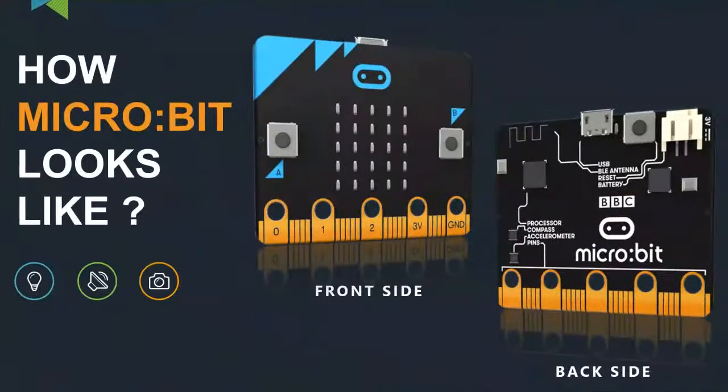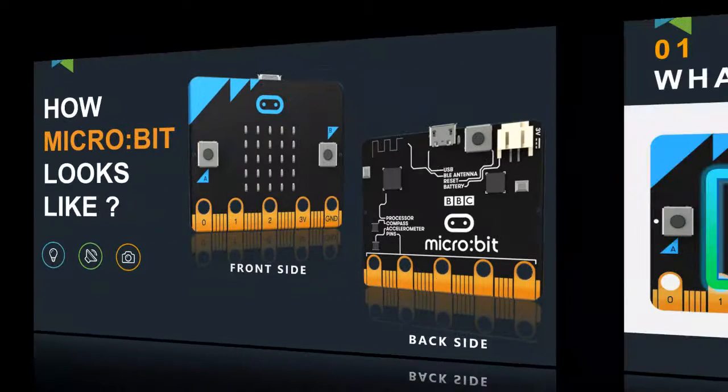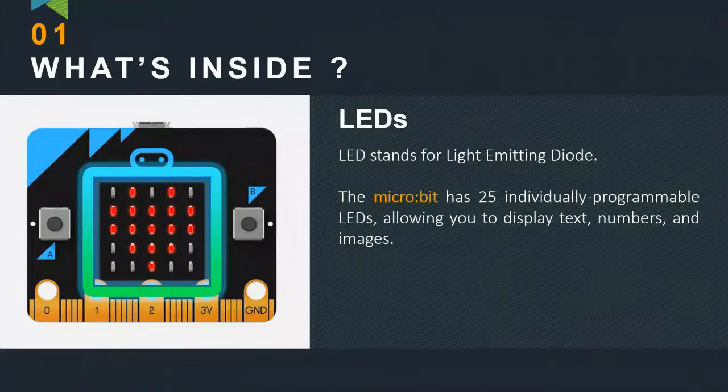So now you can see the front side and back side of the microbit. In this quarantine season, you can't go to a shop and get a microbit, but you can see it in this slide. Now we can discuss the parts of this microbit.